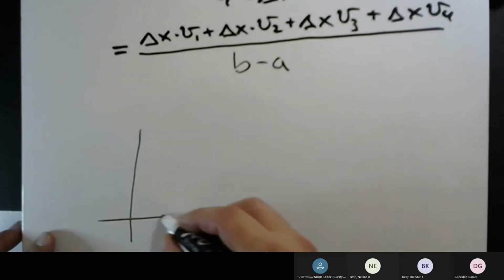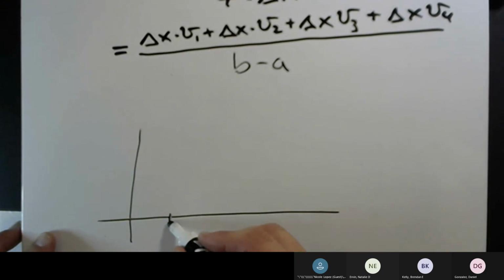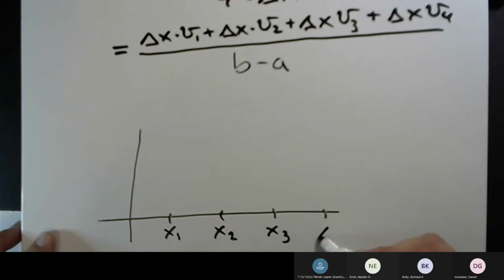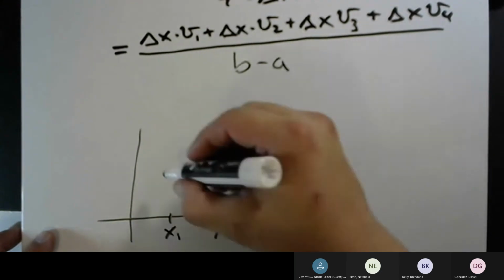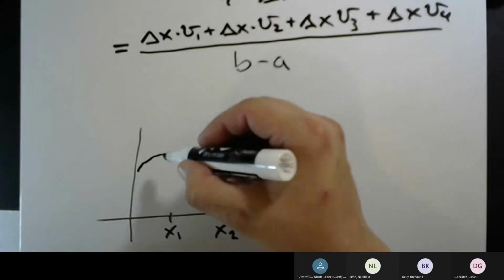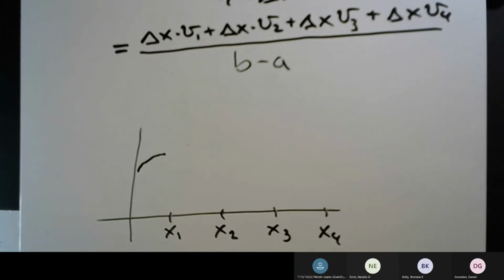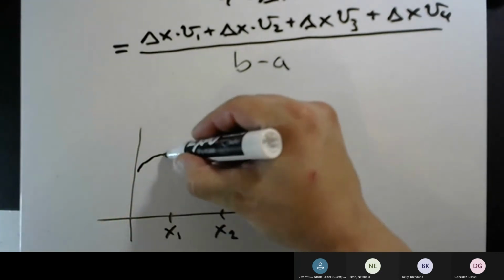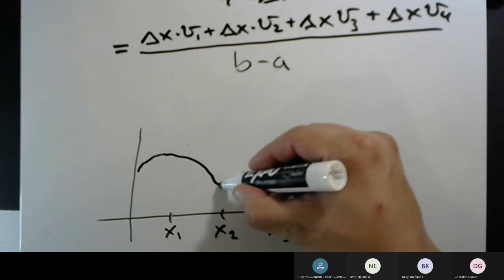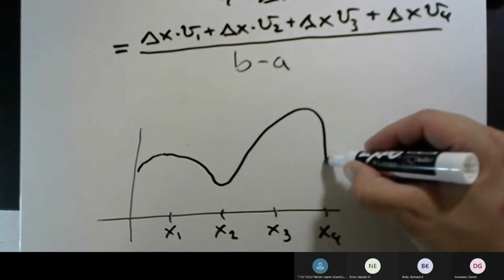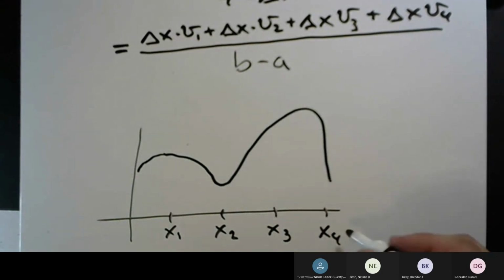If you go back to your picture of our function, you have x1, x2, x3, x4. This is something you'd want to add to your notes. So let's say, what did we have here? What did this look like? We have this, it drops down roughly, comes up, and then drops.